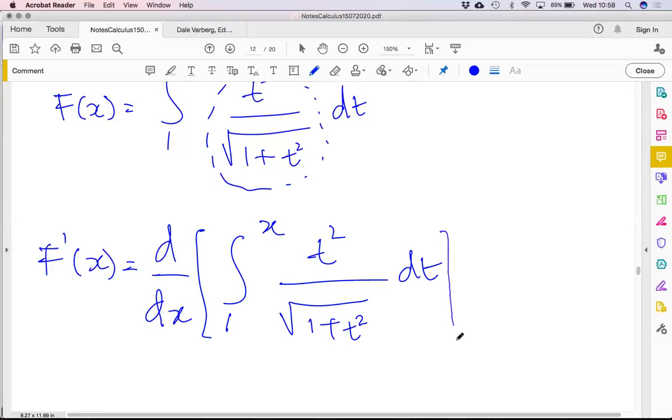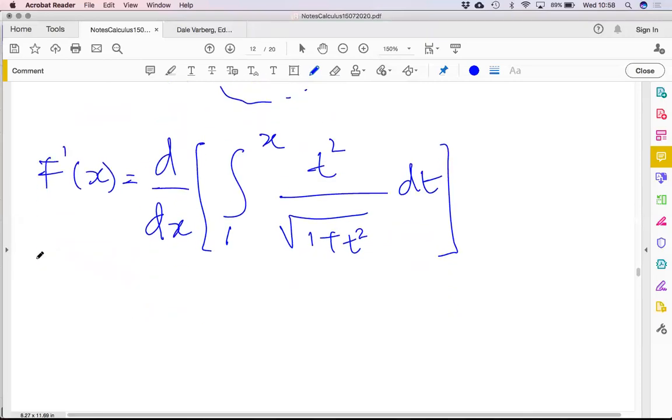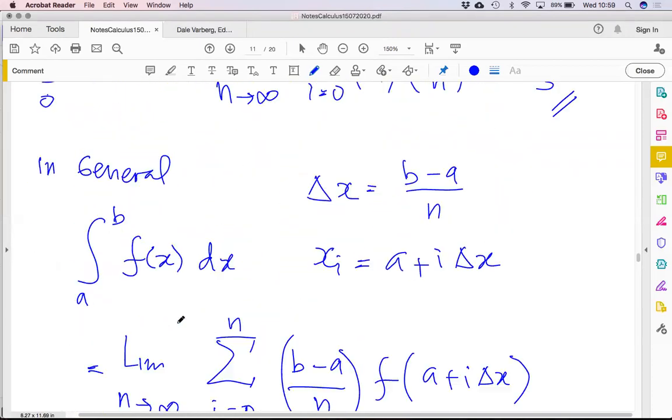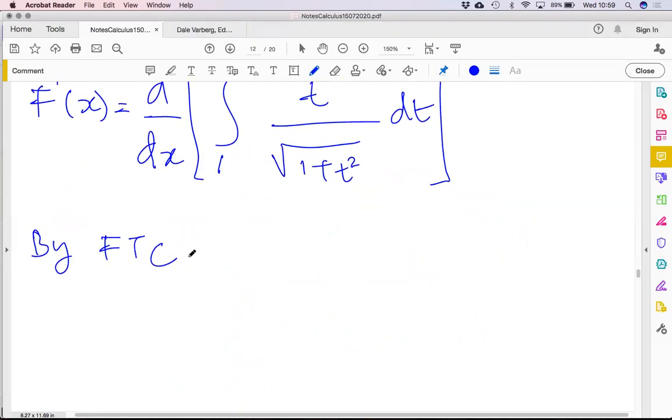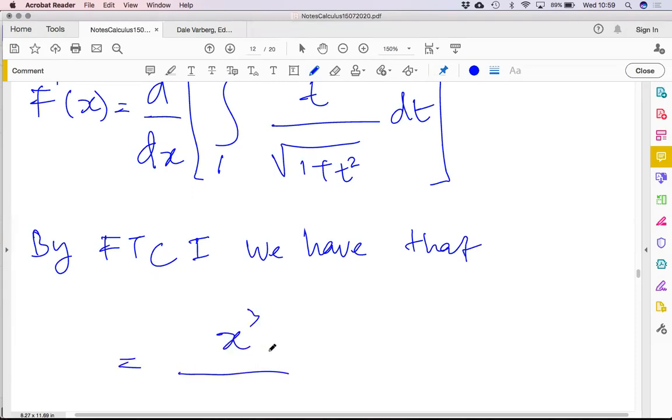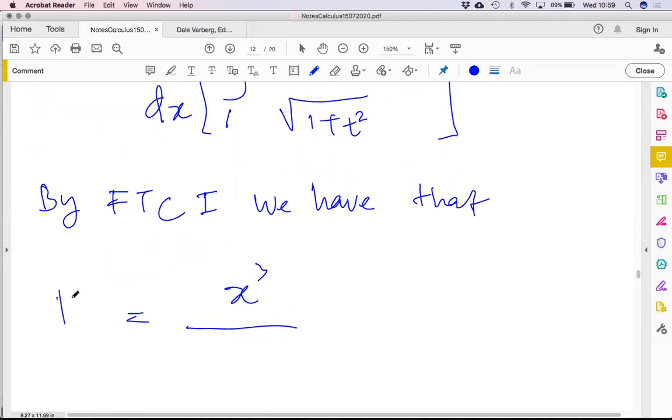This is our integrand. By the fundamental theorem of calculus, or FTC1, we have f prime x equals x cubed over 1 plus x squared. Yeah, that's it.